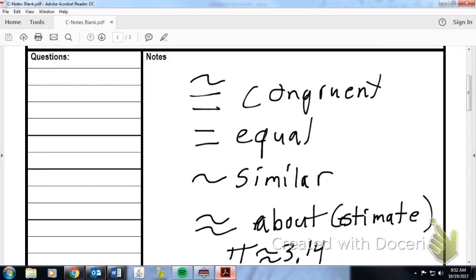So, 4 is equal to 4. Congruency relates shapes together. So, two angles are congruent, meaning that I could overlay the angles on top of each other, they'd match up perfectly. And if they are congruent, that means their measures are equal. So the numbers are equal, the shapes are congruent.